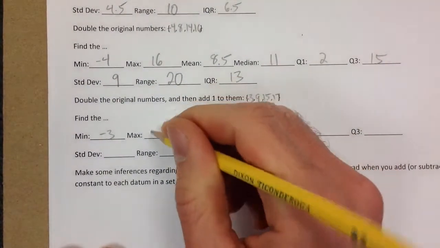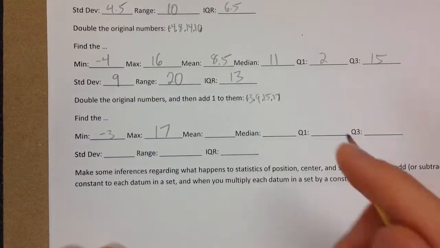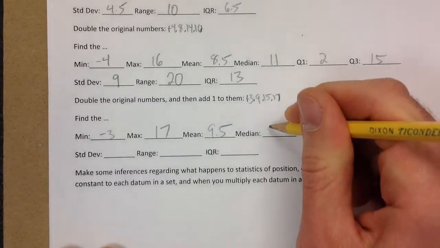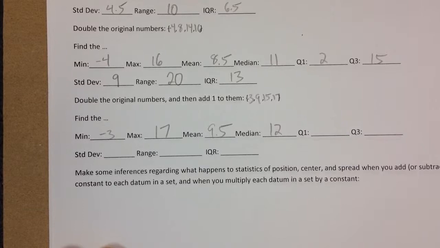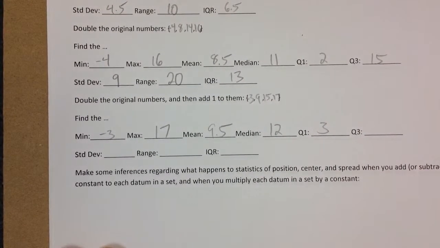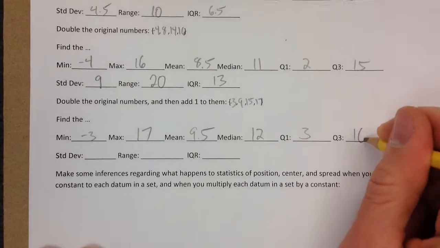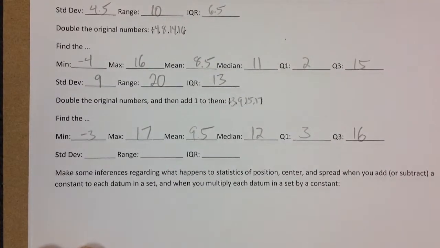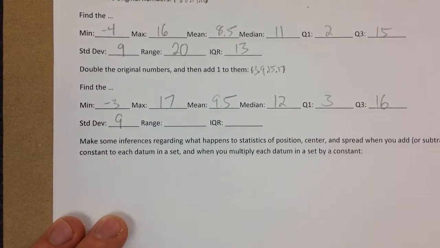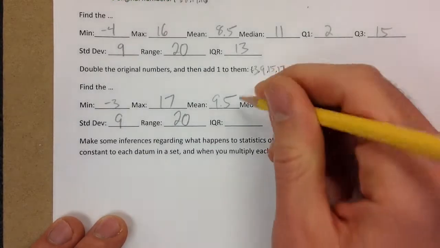Matt, the maximum, 17. Laura, the mean, 9.5. Hiji, the median, 12. Mara, the Q1, 3. Unwan, the Q3, 16. Jeffrey, standard deviation, good, 9. Glenn, the range, 20, good. Justin, IQR, 13.